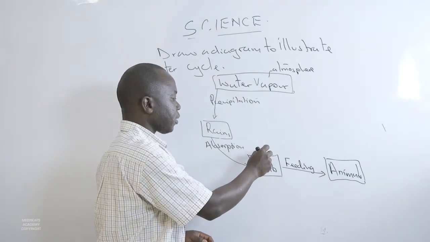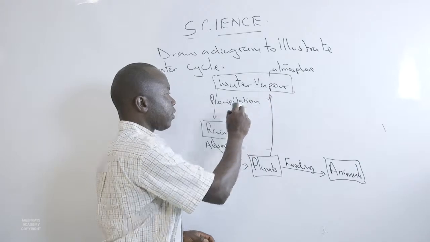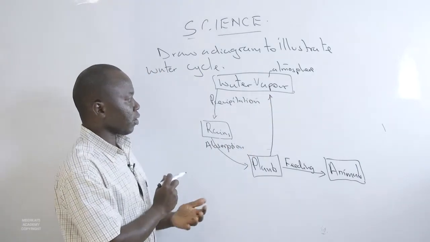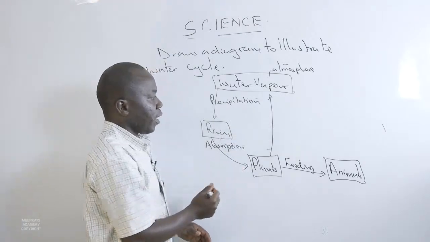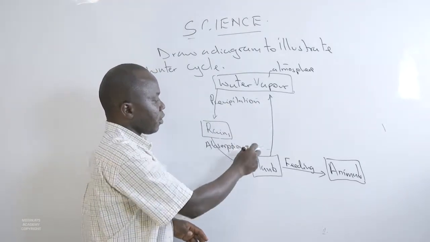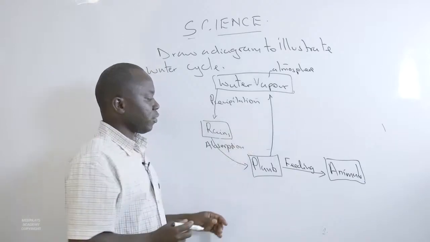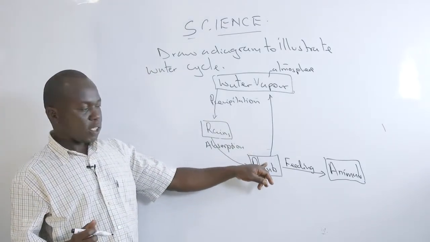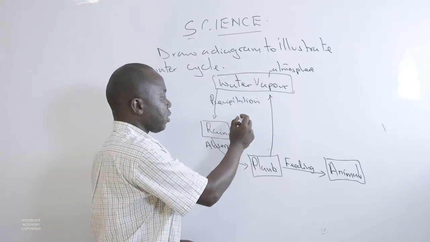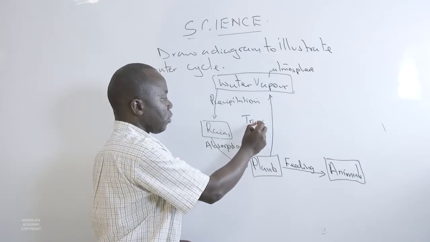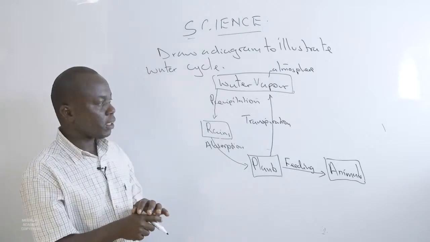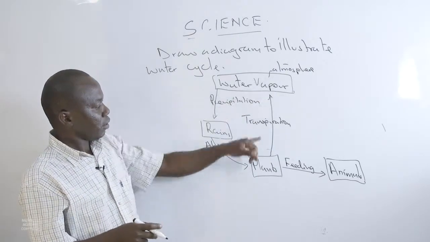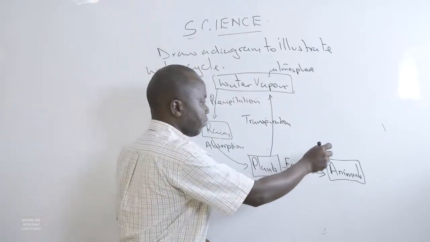But as this happens, if we have sunshine or difference in saturation of water vapor, there will be evaporation from the bodies of plants. The process through which water evaporates from plant surfaces back to the atmosphere is called transpiration.